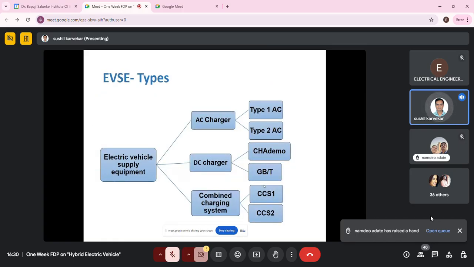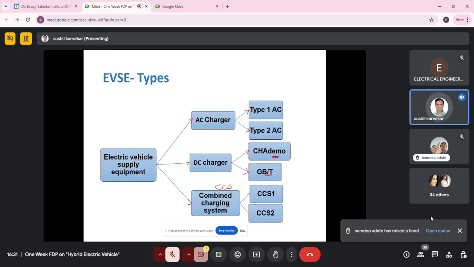Now the next part we need to understand is the classification of EVSE. We have electric vehicle supply equipment as AC charger, DC charger, or CCS. CCS is combined charging system. If it is an AC charger, it can be type 1 or type 2. If it's a DC charger, it is going to have CHAdeMO or GB/T.